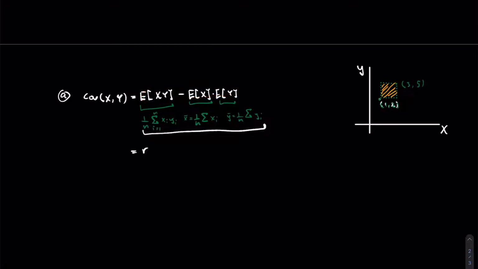Right? I mean, the covariance actually starts by taking the expectation over the term x minus the expectation of x.